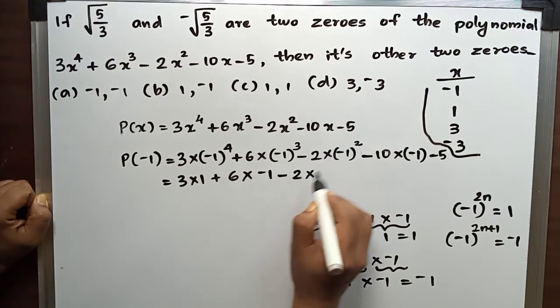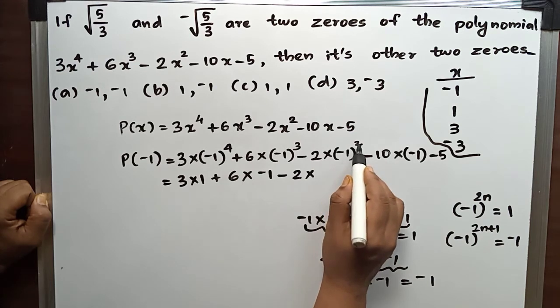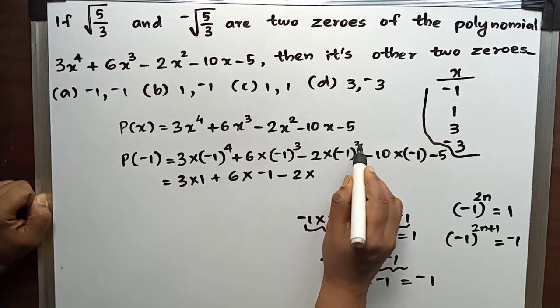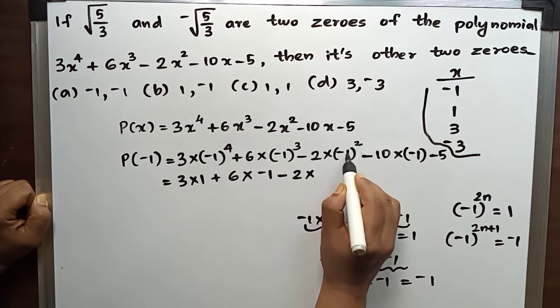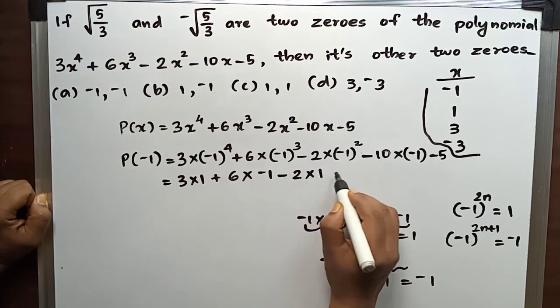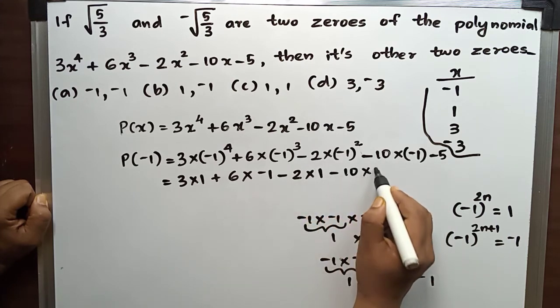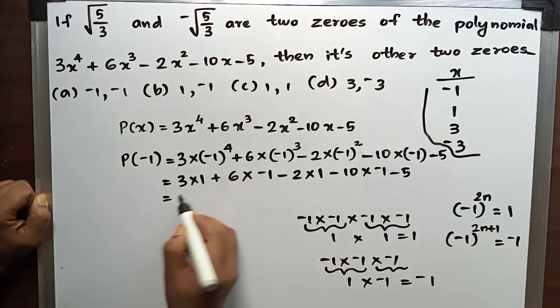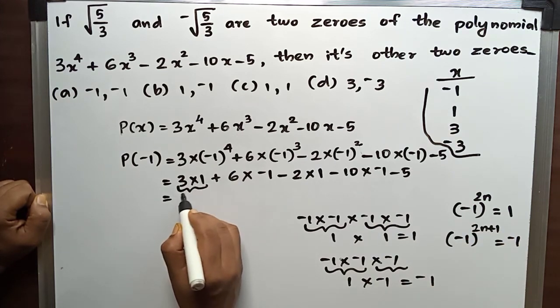Then what is here? Minus 2 into minus 1 square. Even number, so this is 1. Minus 1 is raised to a power 2, means minus 1 square is 1. So 2 into 1, minus 10 into minus 1, minus 5. 3 into 1 is 3.